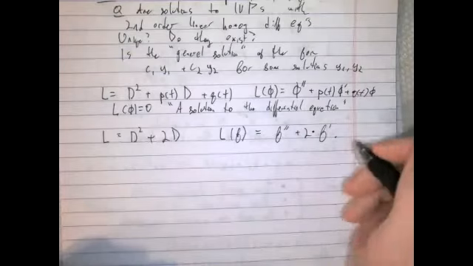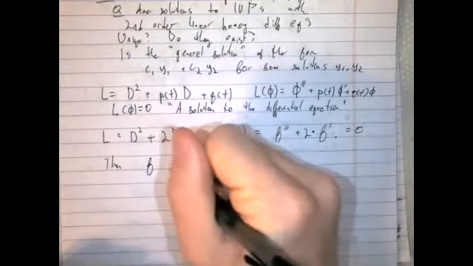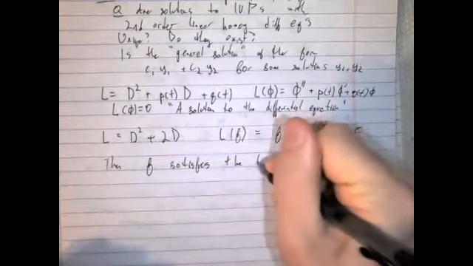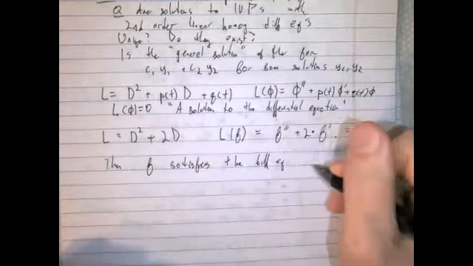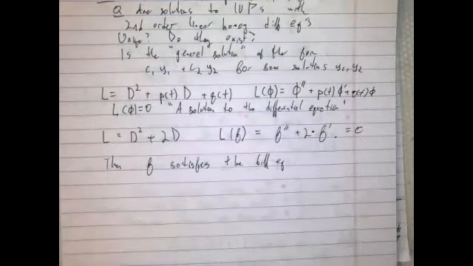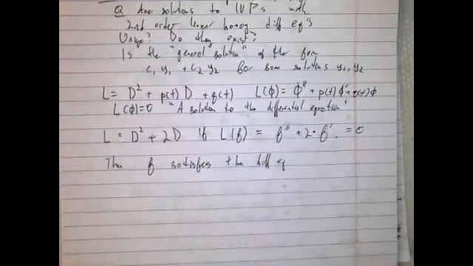And then if this is equal to 0, then f satisfies the differential equation f double prime plus 2f prime is equal to 0, right? It's really mostly a notational thing right now. So we'll write: if L of f is equal to 0, then f satisfies this differential equation.